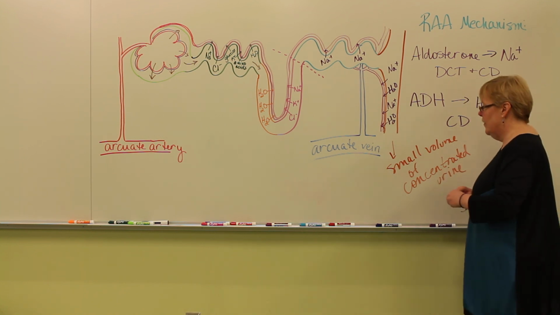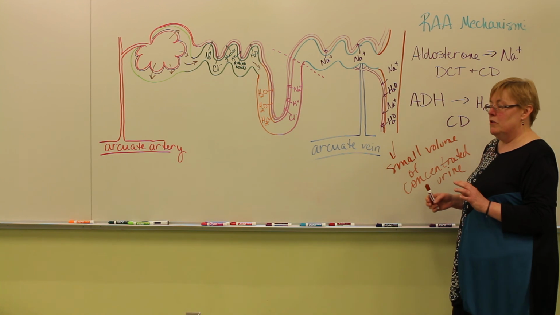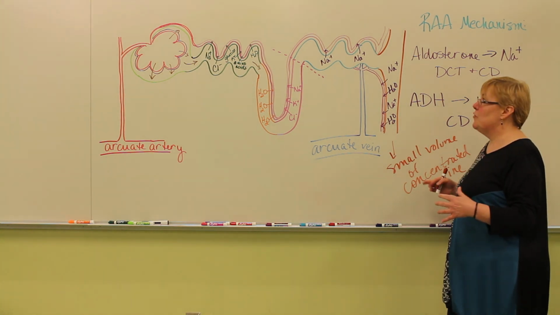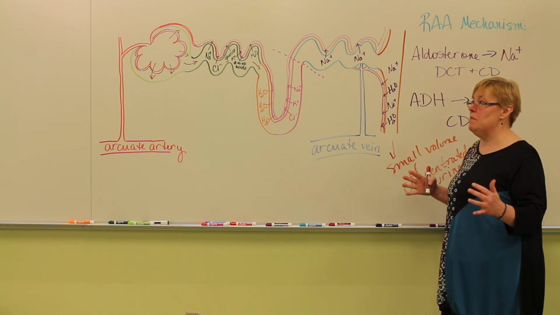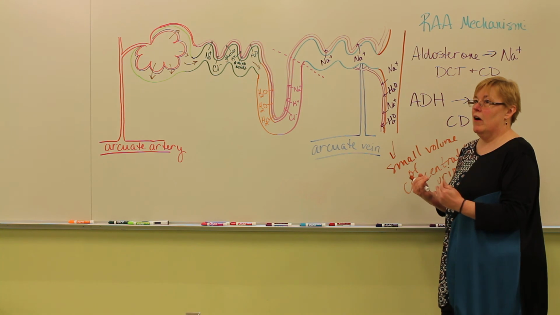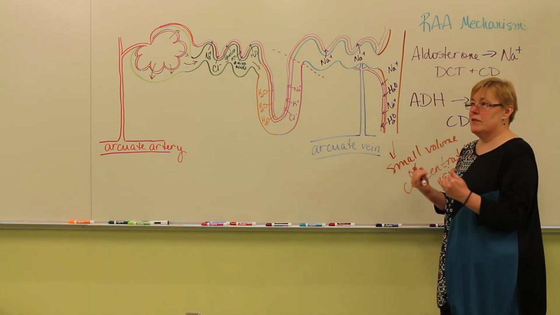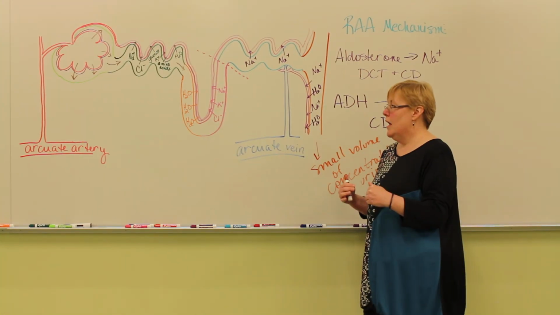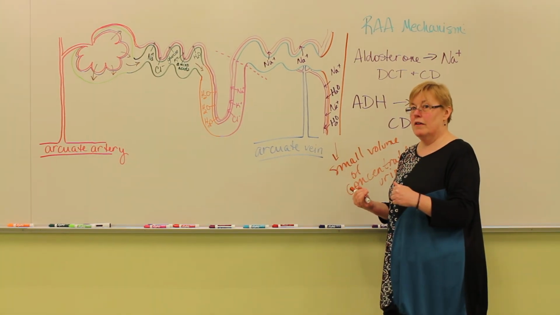Okay, now it's important to note that this is just a conservation method. This is trying to keep as much water in the body as possible in a situation where our receptors are telling us that water levels are too low. It cannot create new water.